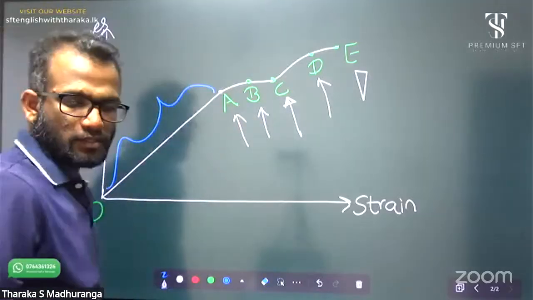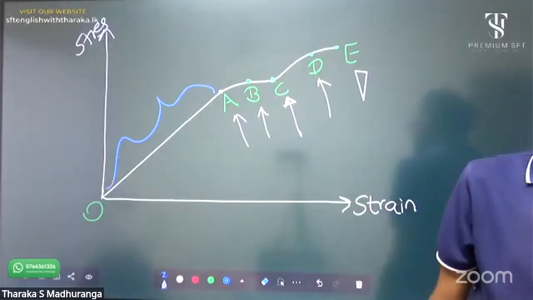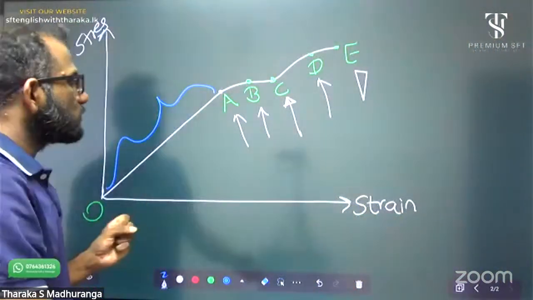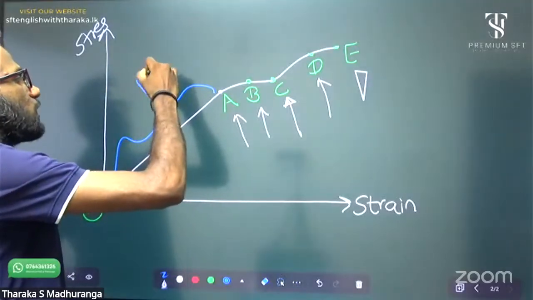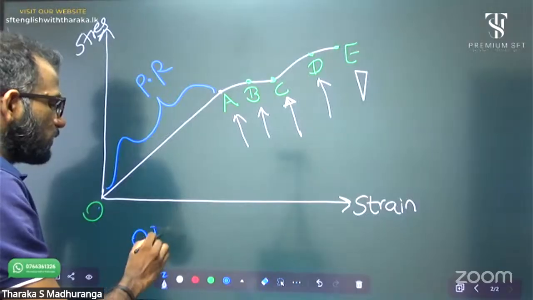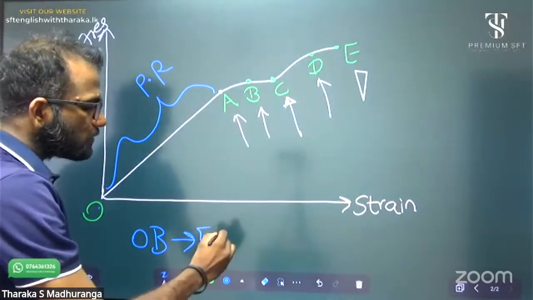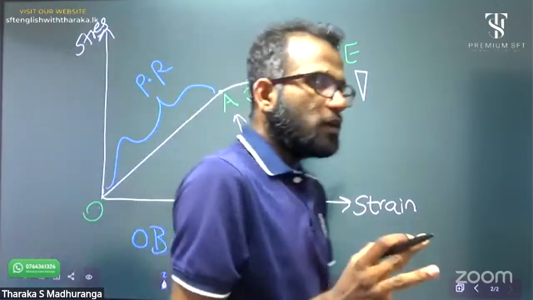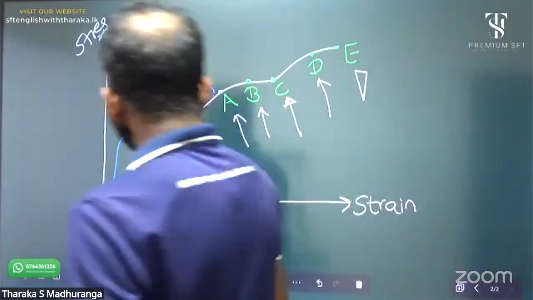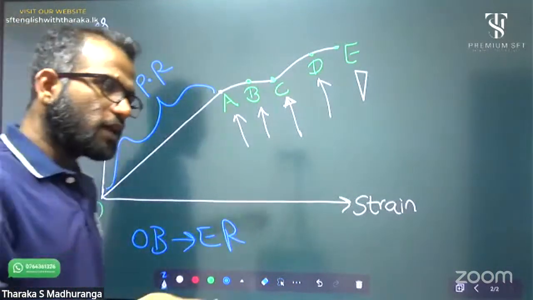Do you remember I told you the straight line path is the proportional range? The O to B part is the elastic range. The proportional range contains the proportional characteristic, which means that in this range stress is directly proportional to strain. It also has the elastic characteristic.